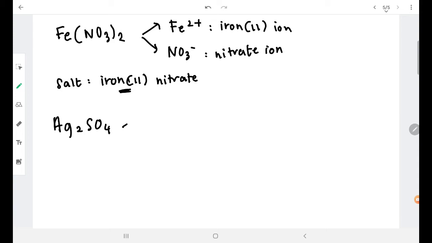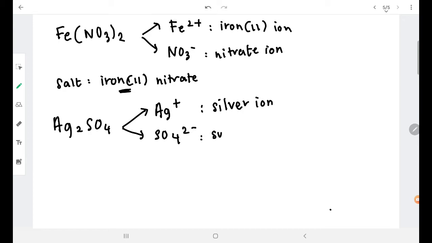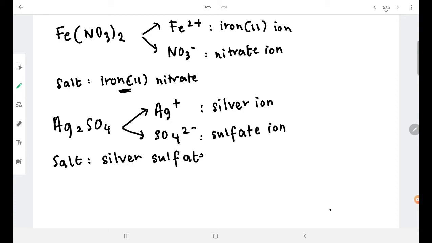So iron 2 nitrate. Okay, next is Ag2SO4. So Ag2SO4 consists of Ag plus ion and SO4 2 minus ion. So Ag plus is silver ion and sulfate ion. So the name of this salt is silver sulfate. Okay.